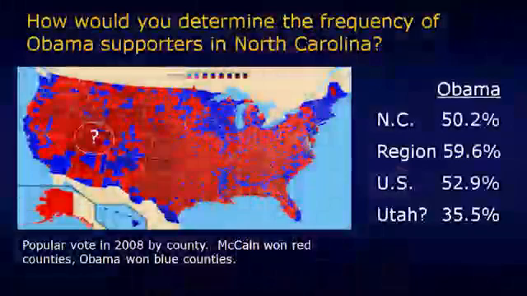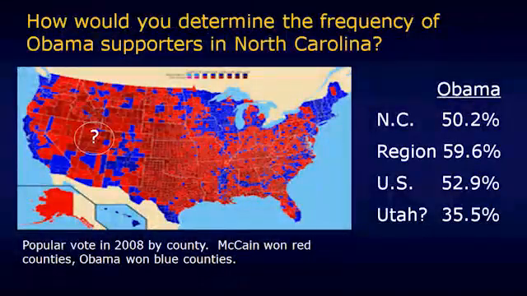But let me ask you this. Would you seriously consider getting the answer to that question by not going to North Carolina, not going to the East Coast, not going to the entire U.S., but rather to a state like Utah? Seriously, would that make any sense at all? You want to know the answer to this question, what fraction of individuals in North Carolina voted for Barack Obama? Do you think you're going to get a good answer by not looking at North Carolina, but rather by looking at Utah?